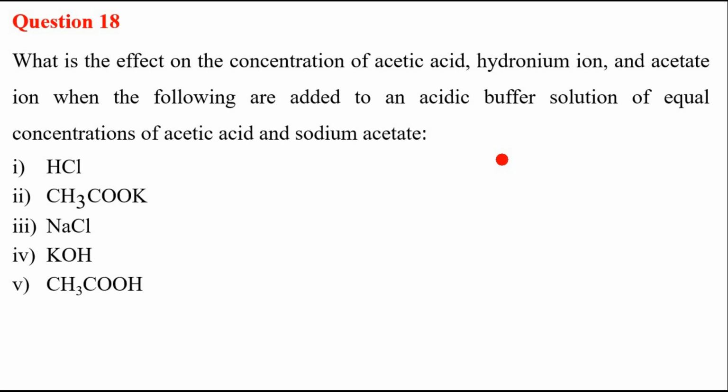That's what they're asking. What will be the effect on this buffer? If you have this buffer made of acetic acid and sodium acetate, what will happen when you add the following chemicals to the buffer system?